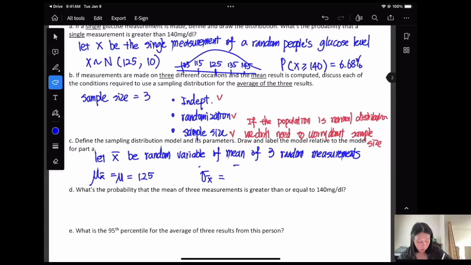It's equal to the population sigma divided by the square root of the sample size. The population sigma is given as 10, and the sample size, we are drawing 3 random samples, so the square root of 3. Using a calculator, you get sigma equal to 5.7735. So our x bar is going to follow the normal distribution with mu 125 and sigma 5.7735.